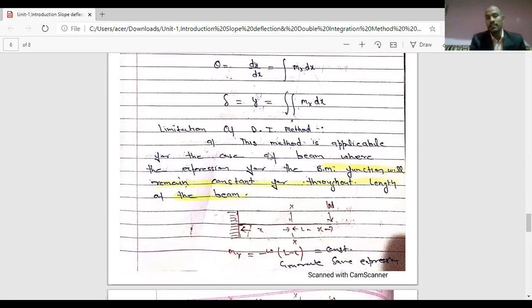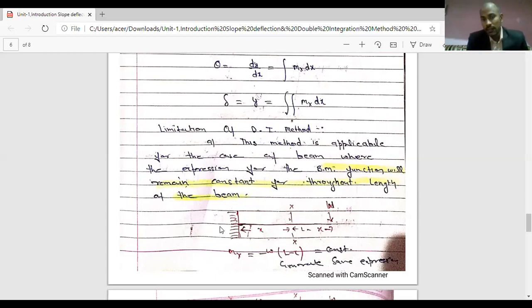First limitation is this method is applicable for the case of a beam where the expression for the bending moment function remains constant throughout the length of the beam.